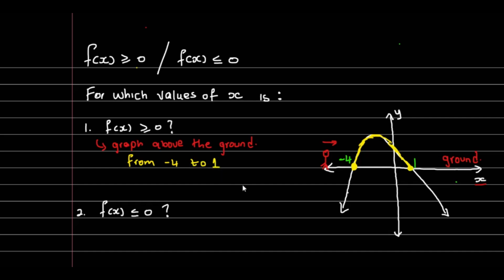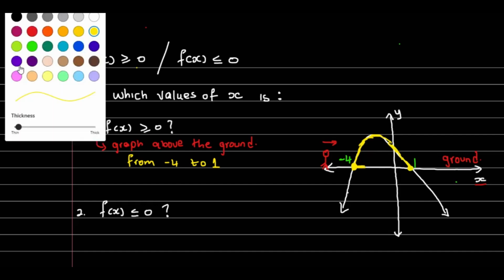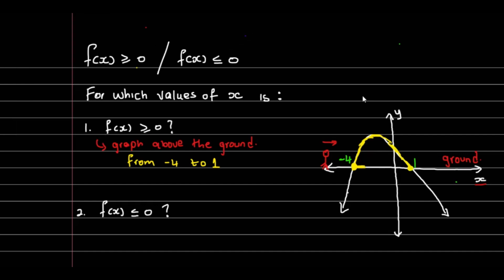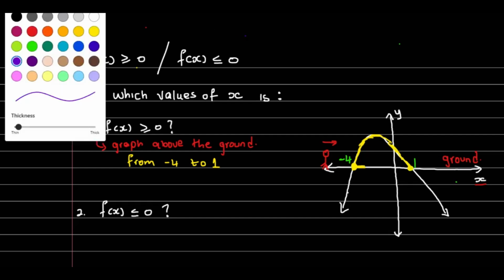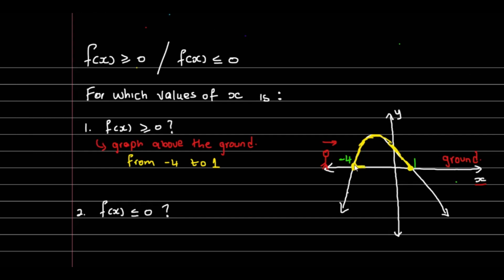But when you answer this, you need to use inequalities. This is how you can use the inequalities. I'm not sure if this is clear enough, but let me try to find another marker. Okay, so it's from this point here towards 1, and from this point here towards -4.